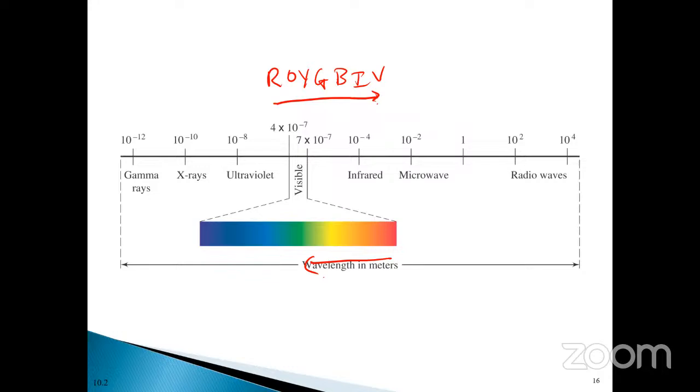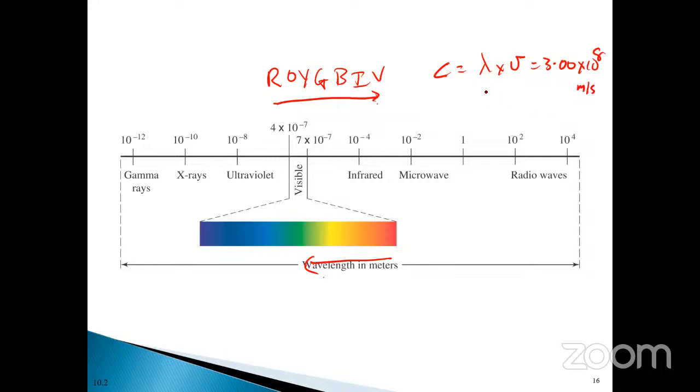And as I said before, write this down here, that c is equal to lambda times nu, which is equal to, as I said before, 3.00 times 10 to the 8 meters per second, all right?